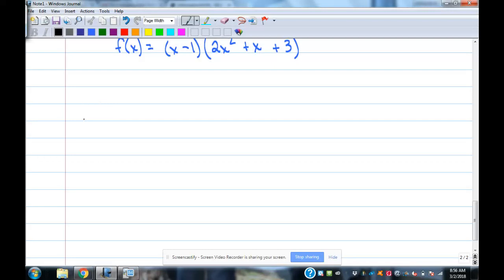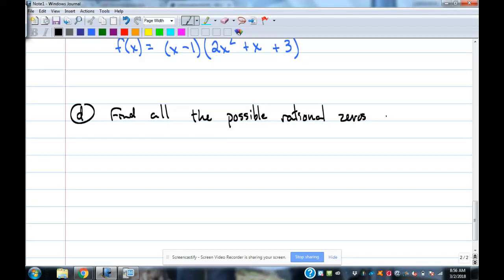We want to find all the possible rational zeros and factor this function f of x equals 2x cubed plus 11x squared minus 7x minus 6.